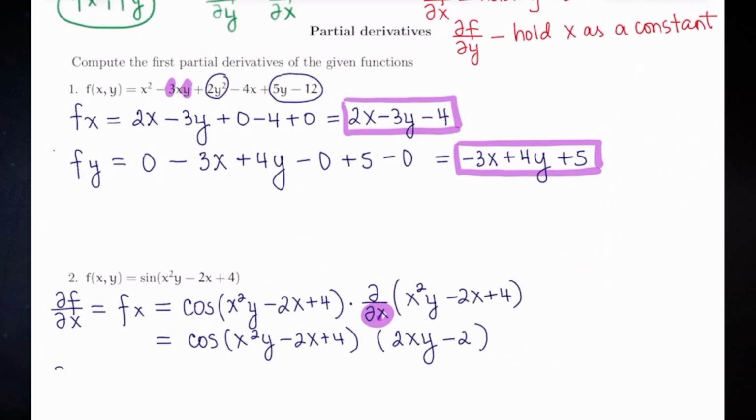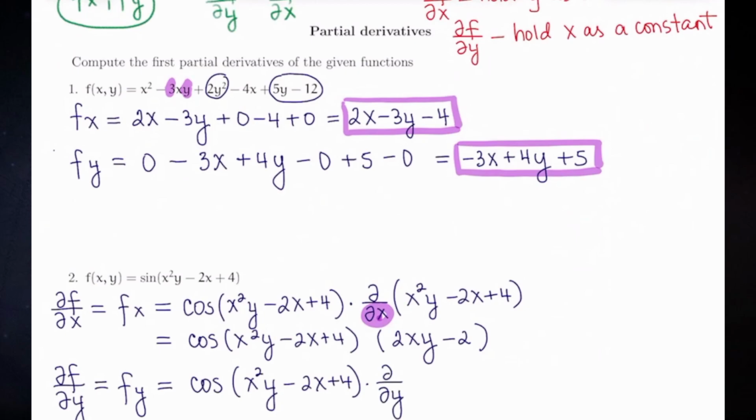Let's do df dy, or f sub y. First step is exactly the same, right? So it's cosine of x squared y minus 2x plus 4 times partial of the argument with respect to y.